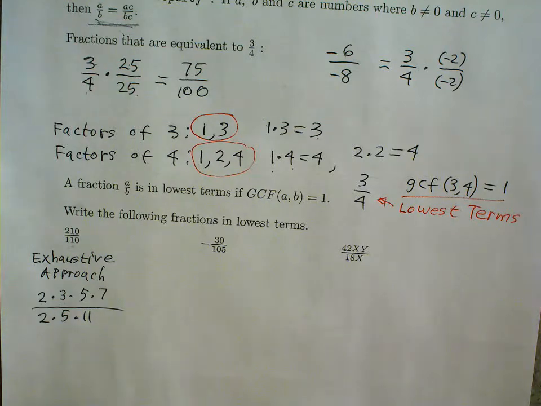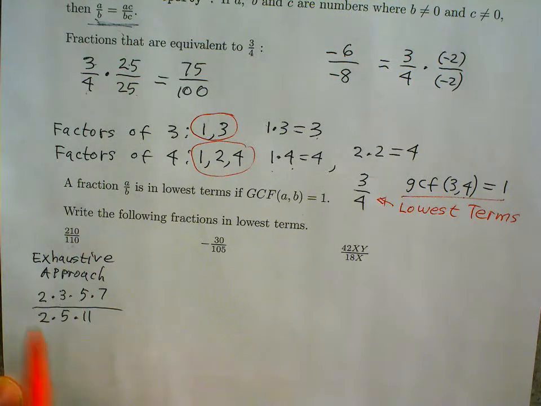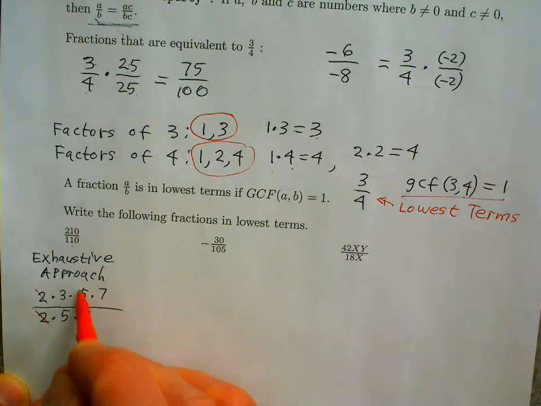And then to get this fraction in lowest terms, we just cancel common factors. 2 divided by 2 is 1, so those cancel each other out. And 5 divided by 5 is 1. Those cancel each other out.